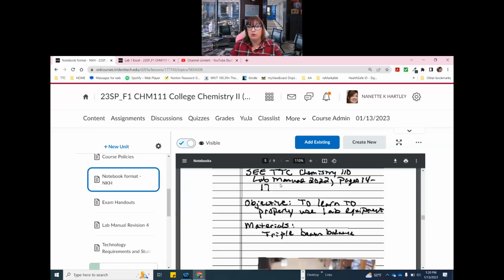It says to see the lab manual, and then the year that lab manual was for and the pages are given. The reason for that is when you work in industry, we typically have set procedures that we use. And so we don't reference them in our lab notebook because chances are we're doing the exact same thing every day. So we don't need to record that in the lab notebook. But we need to have a record of what that procedure was.